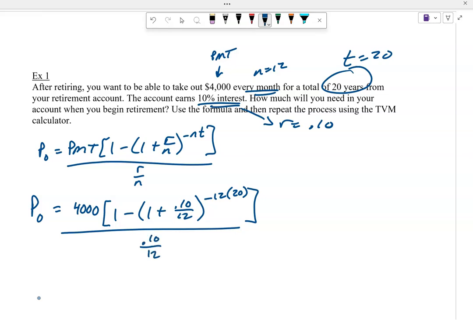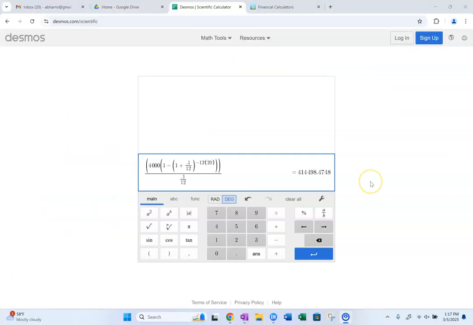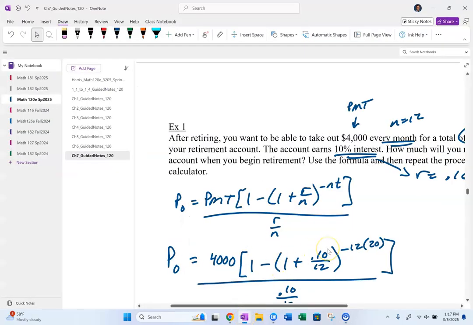And let's go ahead and punch that into decimals. So I punched it all into decimals here, and we've got the initial amount, or how much you've got to have in your retirement if you're making 10% on the money: $414,498.47. You've got to have that in order to take $4,000 out a month.